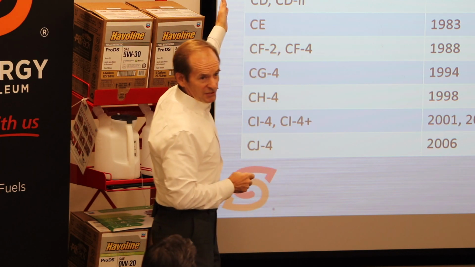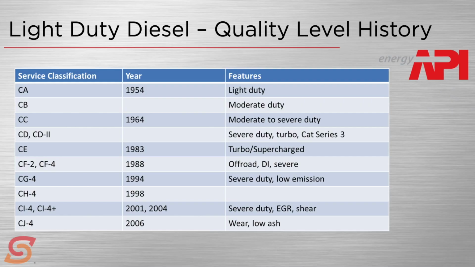As you can see, there's this march through time of improvements, starting with CA and CB, and the occasional nod to the two-cycle engines. Okay, not a lot of two-cycle diesel engines left in the first world anymore, but those were requirements that were designed in those years for two-cycle engines. Everything else has marched its way up to CJ4, is what we show on this chart.